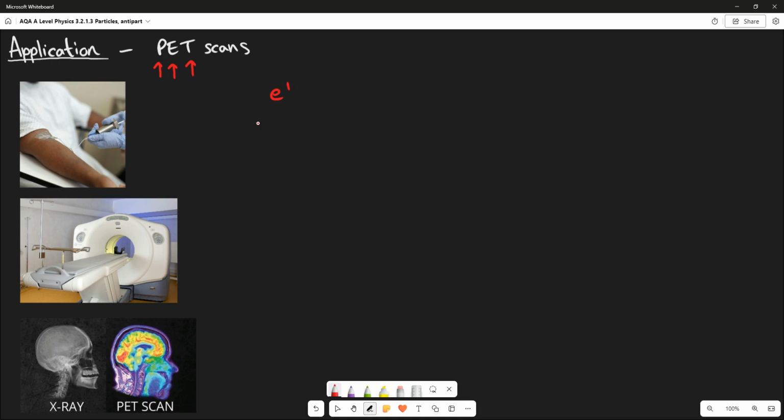So the way that it works is that the patient is injected, and you'll notice that the syringe here is rather unusual. The patient is injected with something called a radionuclide, and that is a radioactive material that gives out positrons.